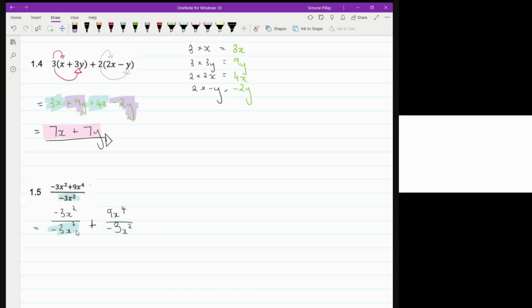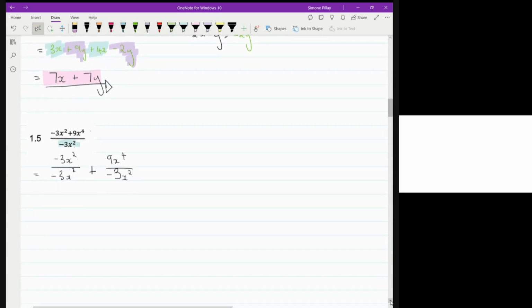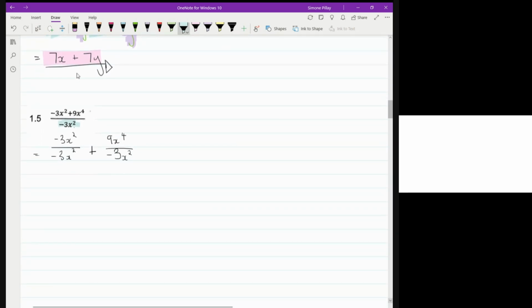Cool. Now what? So, ma'am, negative 3 divided by negative 3 is 1, so it's going to be x to the power of 2 minus 2, plus negative 3x to the power of 4 minus 2. Beautiful.